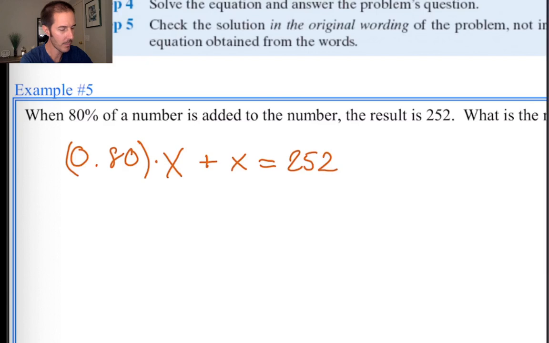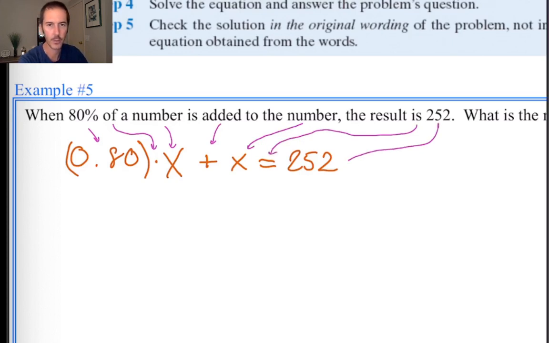So this is very much direct translation. There's the 80%, there's the of, there's the number, there's added to the number again. The result is, that's an equal sign, and there's your 252.